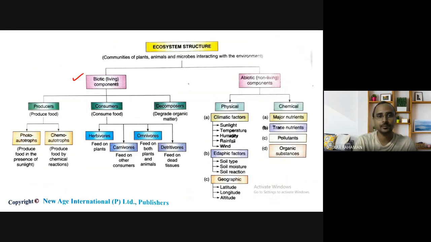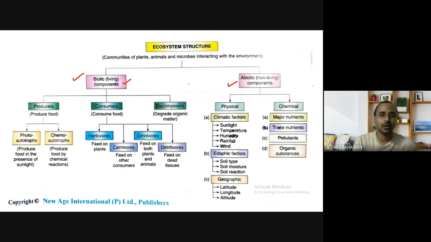So you can see the biotic component and the non-living or abiotic component. I am explaining these things to you in a very simple manner. If you have any question or doubt, after watching this video you can ask in the comment section.